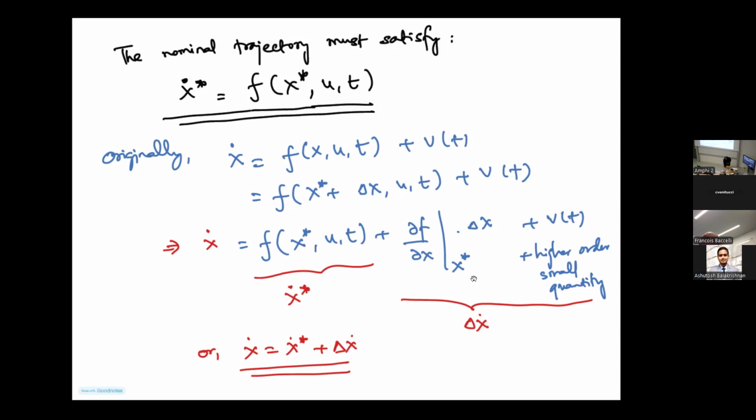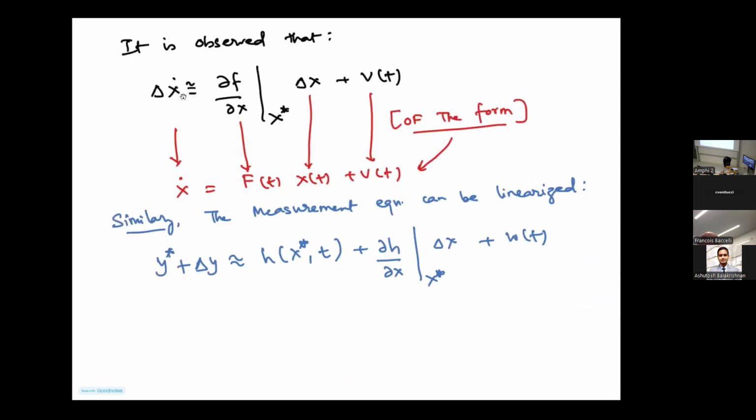So let's observe this term, which is del x dot. It is the Jacobian at x star times del x plus the noise, so this becomes another sub-state equation, kind of.